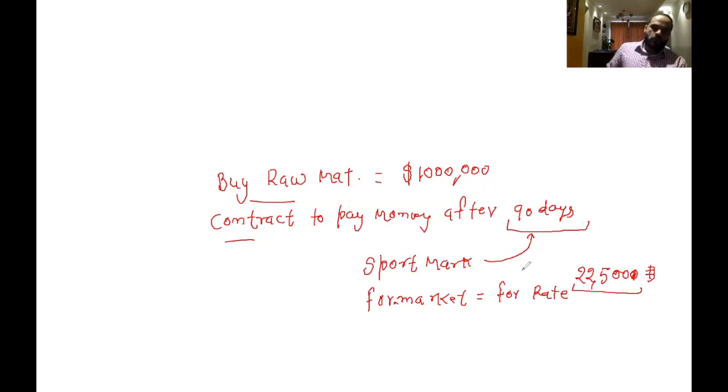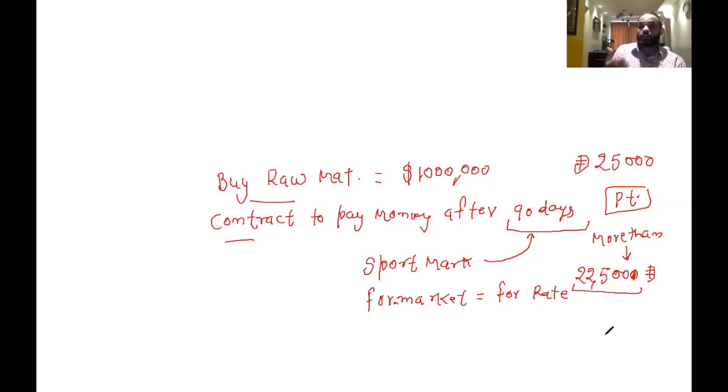Now, if the spot market exchange rate is more than this price, you will make a profit. Why? Because the market price is, let's say, 25,000 Vietnam dong per dollar, but you are paying just 22,500 Vietnam dong per dollar.